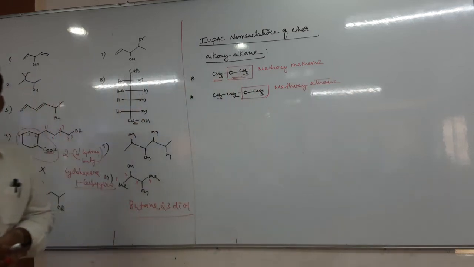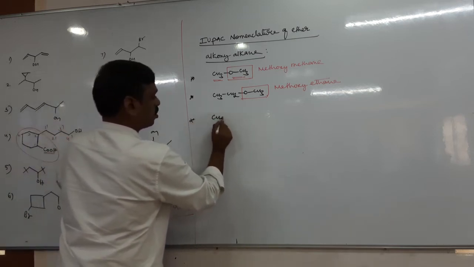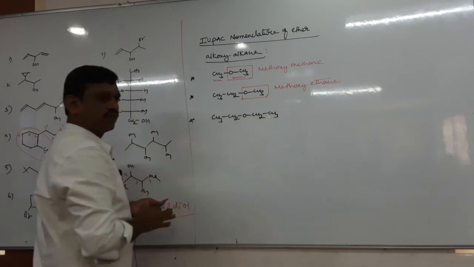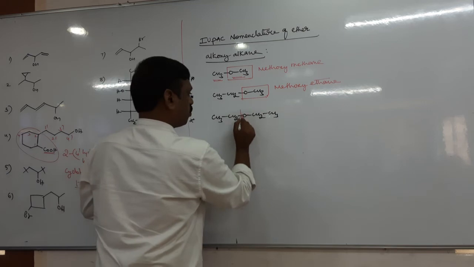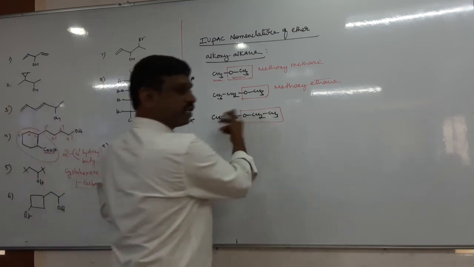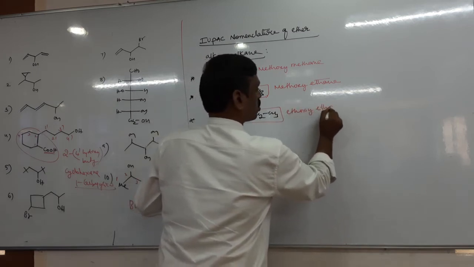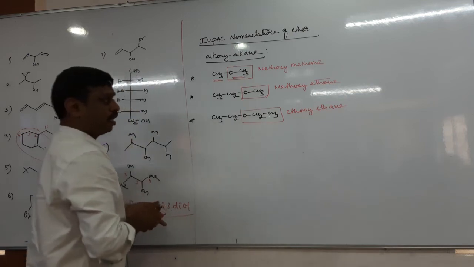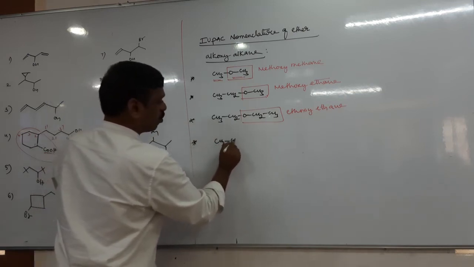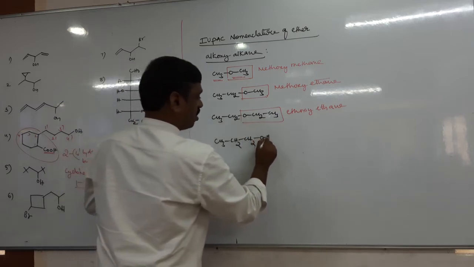Next, if both the alkyl groups are the same, then this is an ethoxy, and the remaining is 2 carbons, ethane. Ethoxy ethane.